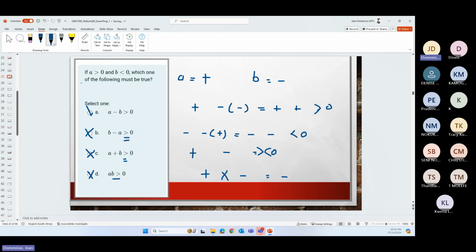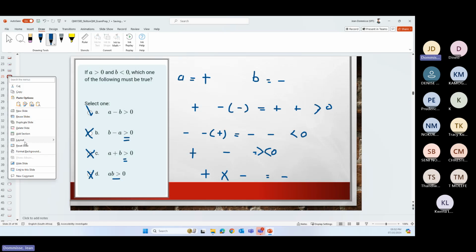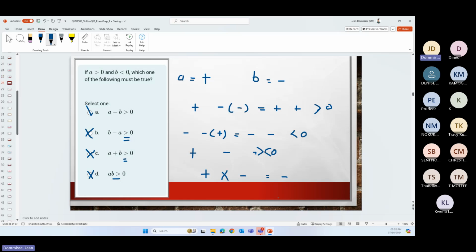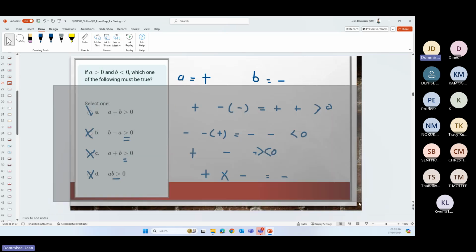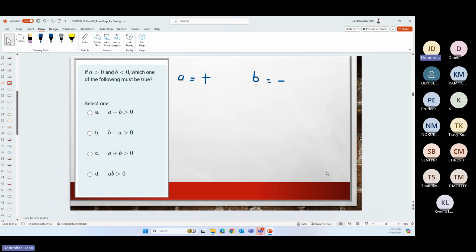What you also can do to make this easier, and let's quickly do that, so let's duplicate the slide. So what we can do is to say, okay, but hang on, instead of now just using positive and negative, A must be bigger than 0. So let's say A is equal to 5.